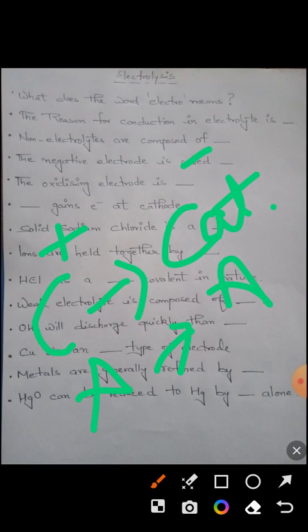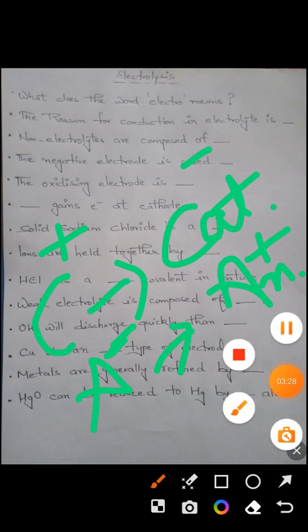But if the question is what is the positive electrode, then you should know that anions are negatively charged, so anode is positively charged. So in this question you have got the answer of 2 questions. Hope the answer is clear.